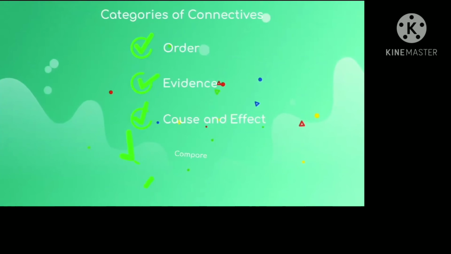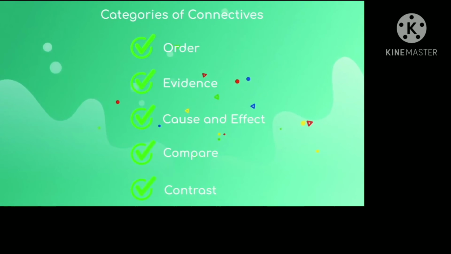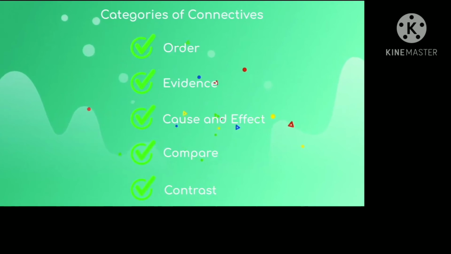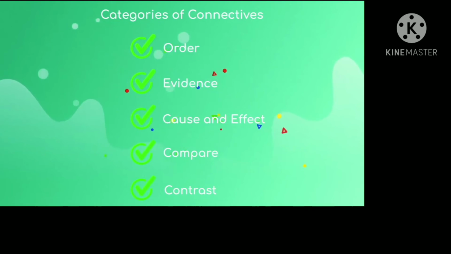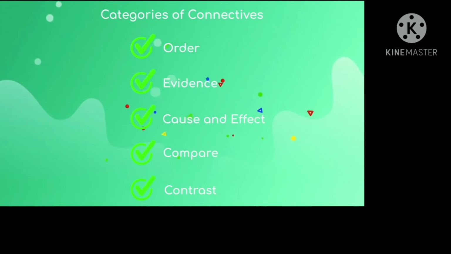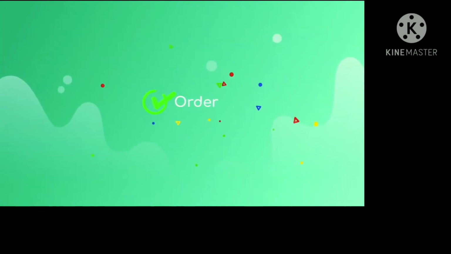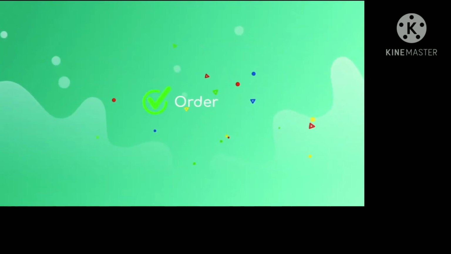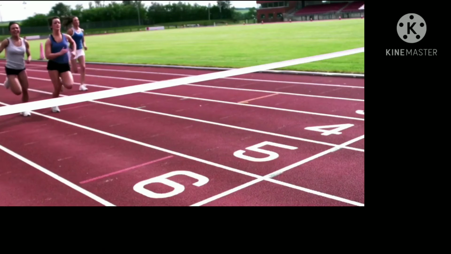It is important to know the category of connective to use. Here are 5 categories of connectives: cause and effect, order, evidence, compare, and contrast. Take a moment to look at each category along with some common connectives that exist in each one.